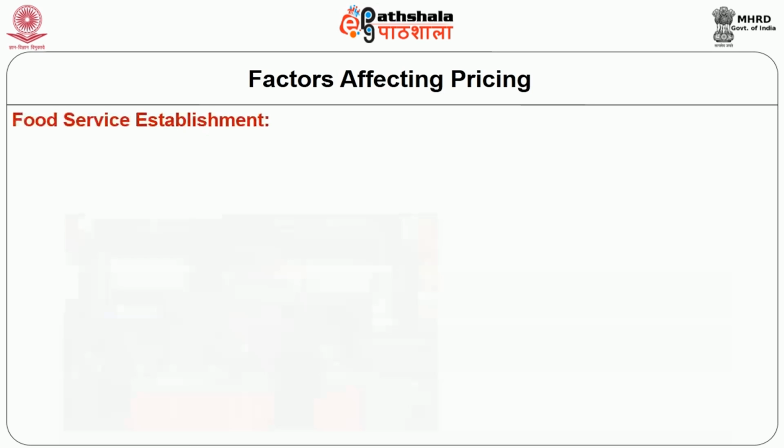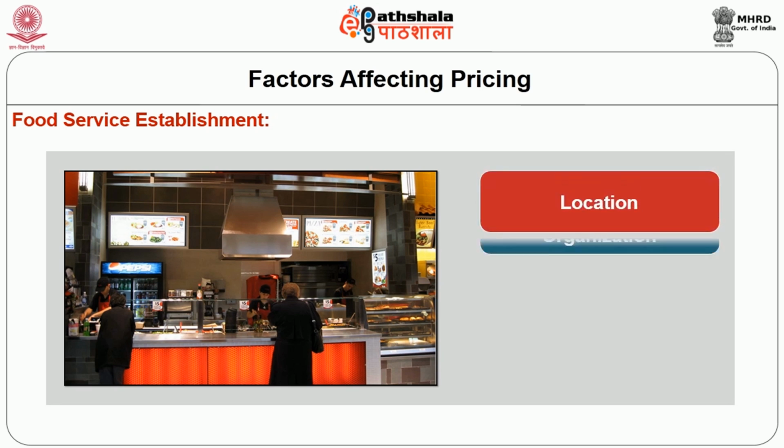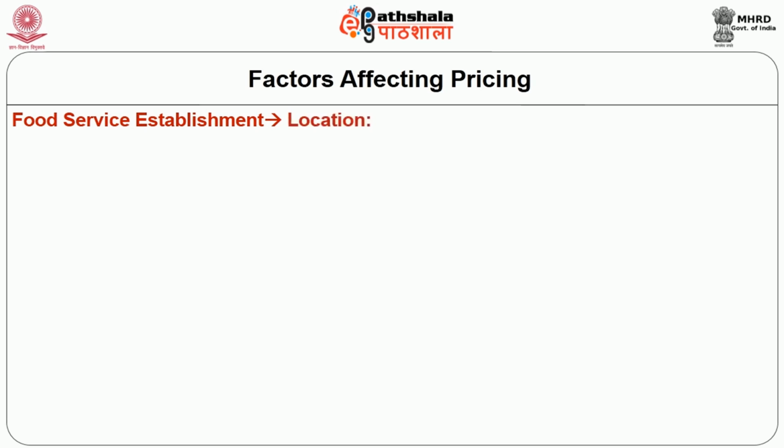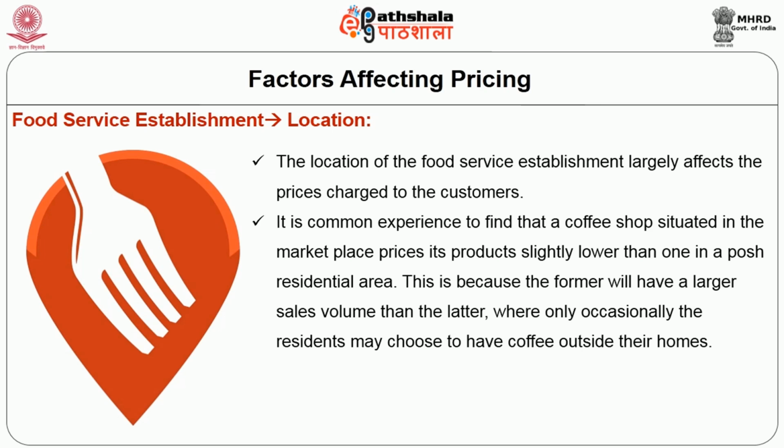Food service establishment. The food service establishment comprises various factors like its location, size, type of organization and the service style followed. Location. The location of the food service establishment largely affects the prices charged to the customers. It is common experience to find that a coffee shop situated in the marketplace prices its products slightly lower than one in a posh residential area.